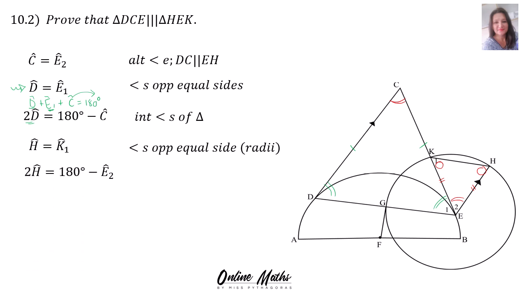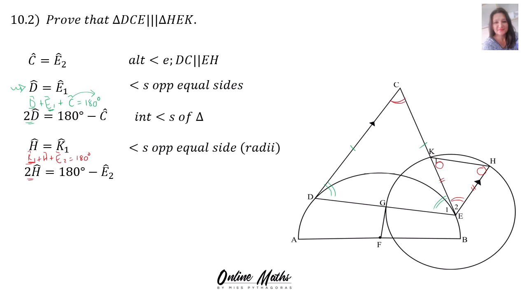Then in that little tiny triangle, we can also say that K1 plus H plus E2 is equal to 180 degrees. But we said that H is equal to K1. So in K1's place, we can substitute H, and then we end with H plus H is 2H.